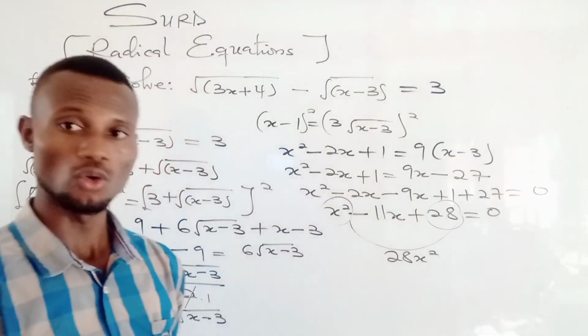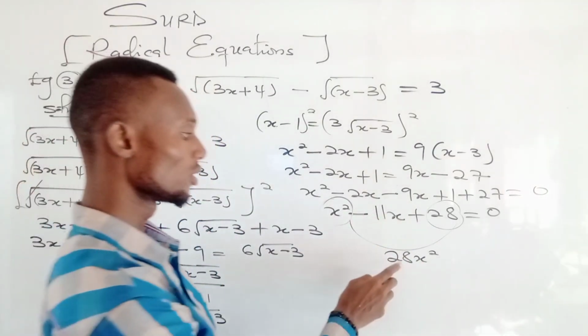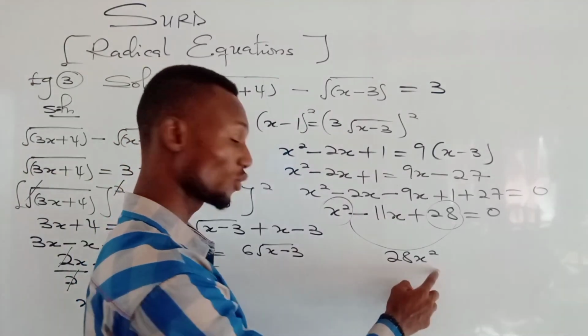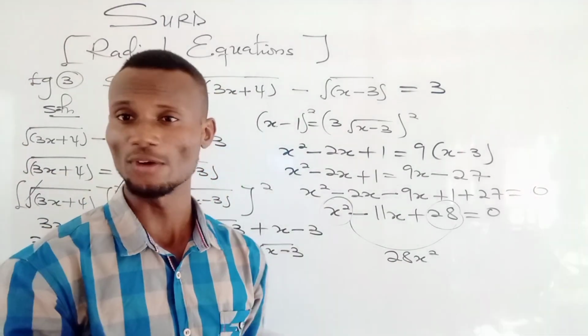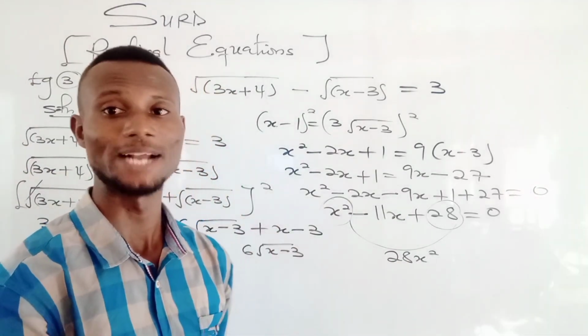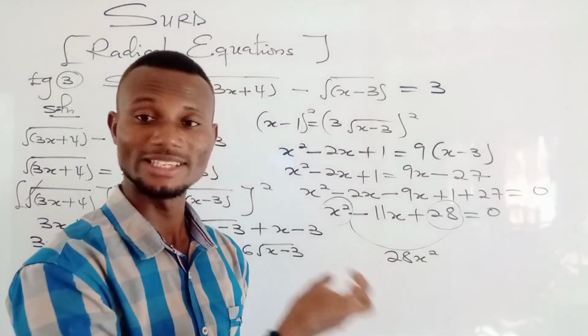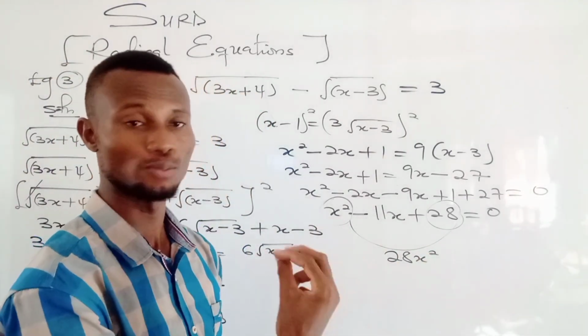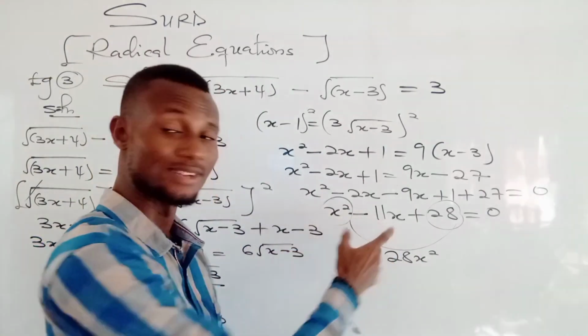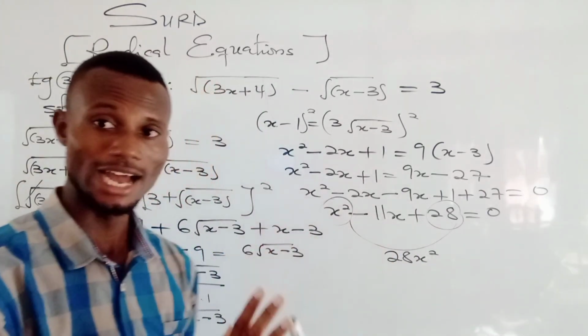Let me go over one more time. We look for two factors which multiply to give 28s squared, and when you add them you get the middle term, negative 11s. So that's how to go about it.